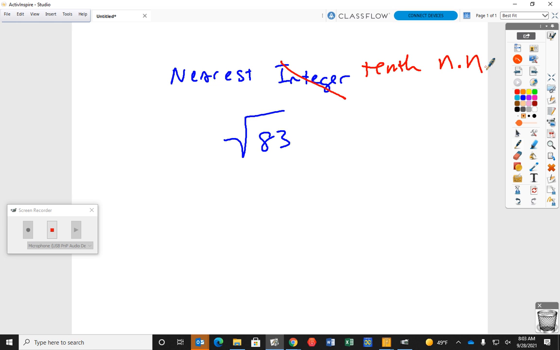So let's go back. What are the two closest perfect squares? This is a little tricky, so you have to be careful here. 81, and the one higher is 100. Are you with me? What's the square root of 81? The square root of 100? 10, just like last time. Now, if it was right in the middle between 81 and 100, what would that be?